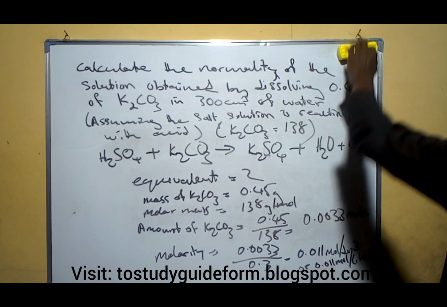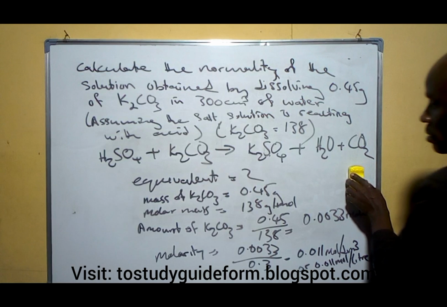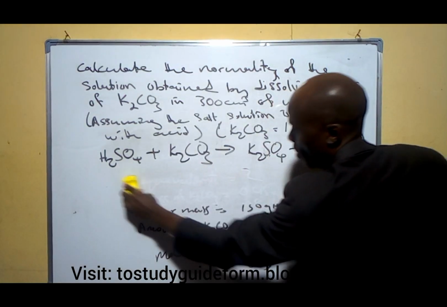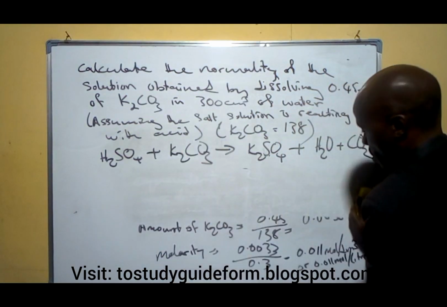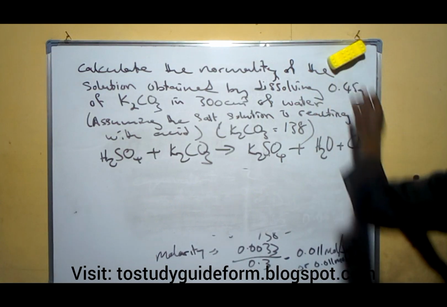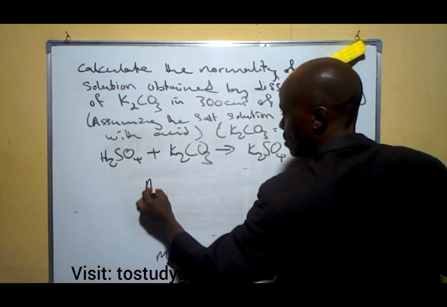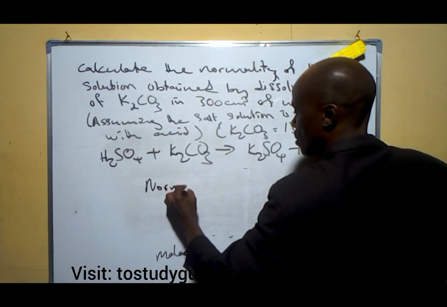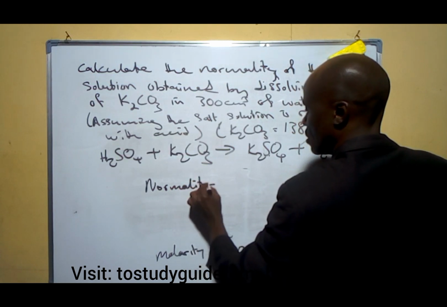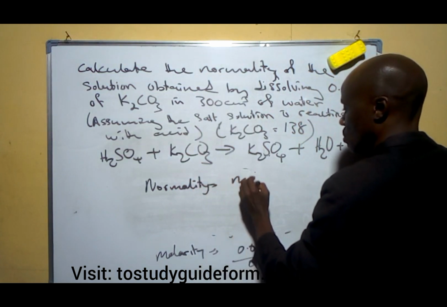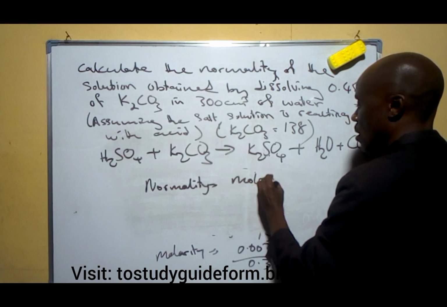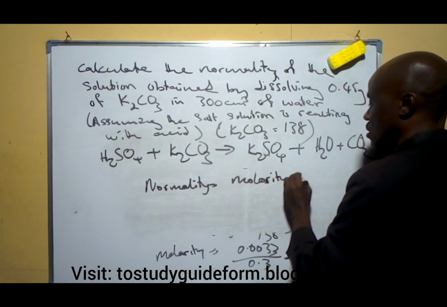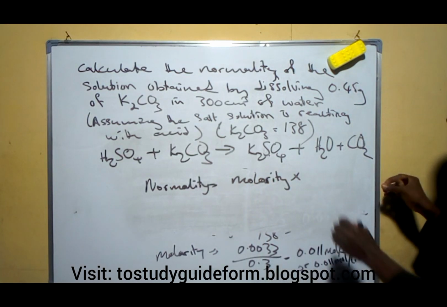To calculate the normality, as we have done before, you know that normality is always equal to molarity times equivalent.